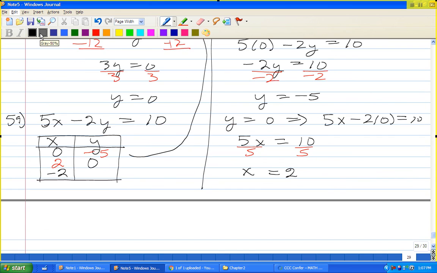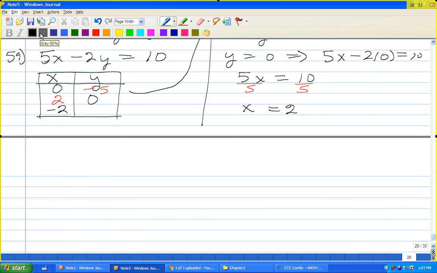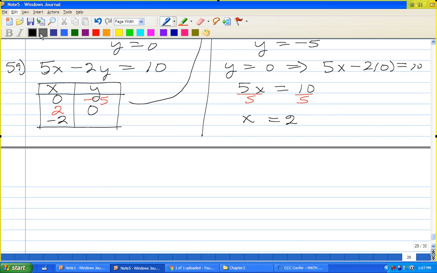And lastly, let's pick negative 2. Actually, positive 4 would be better because it'll give you a smaller value. Let's pick 4. So when x equals 4, I have 5 times 4 minus 2y equals 10.